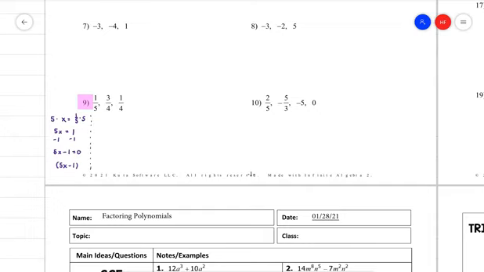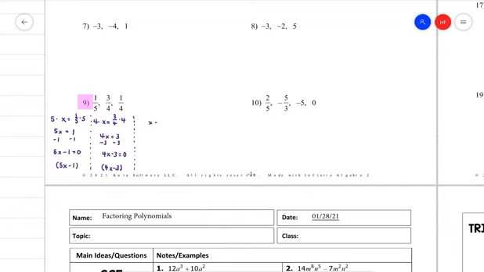And for 3/4, we'll do the same thing. x equals 3/4 multiplied by the denominator. 4x is equal to 3, and subtract 3. And 4x minus 3 is equal to 0.